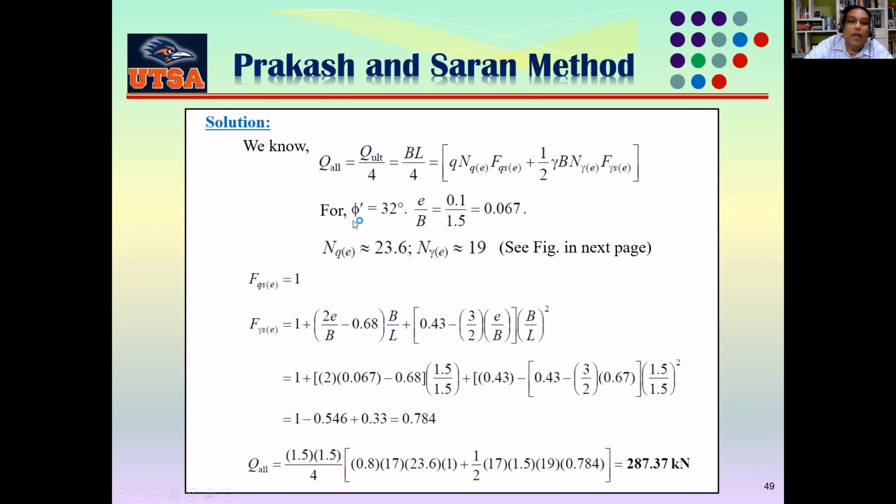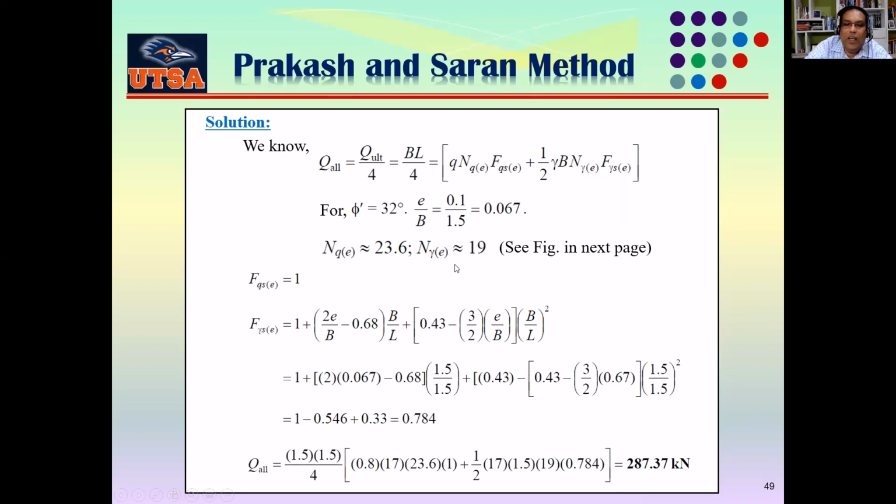Now from the value of phi equal to 32 and e_B/B equal to 0.1 by 1.5, which is 0.067, okay? We have to find the value of N_qe and N_gamma e. Since it doesn't have any cohesion, the cohesion part is 0 here, okay?